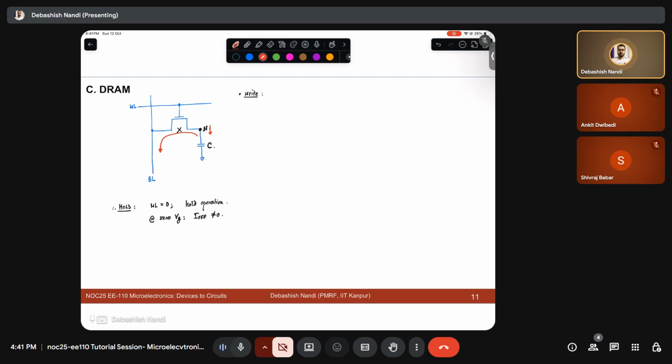That is why, to keep the value stored for a longer time, you need to keep refreshing or charging your bit line periodically so that your data can remain stored. Okay, so that is why it is called dynamic.